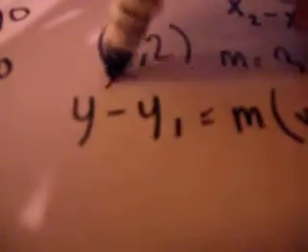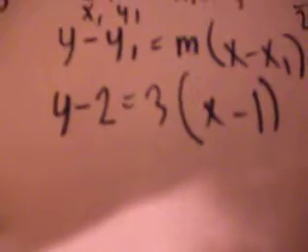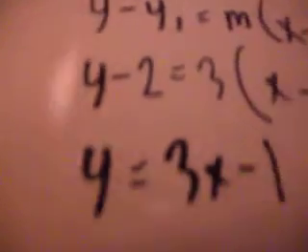Well, this is going to be x1 and y1, so just plug in, and it will always turn out to be y minus whatever y is here equals your slope times x minus whatever x is up there, so 1. And there's your formula, and sometimes they'll ask you to simplify, so we will get y equals 3x minus 1. So that's simplified form.